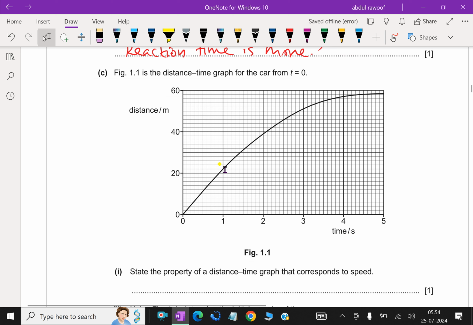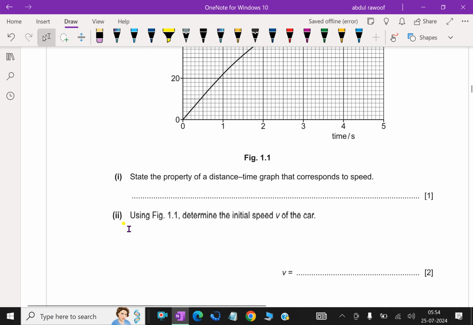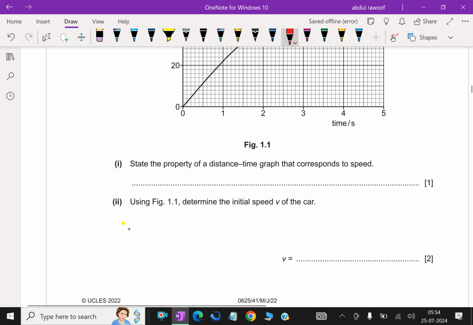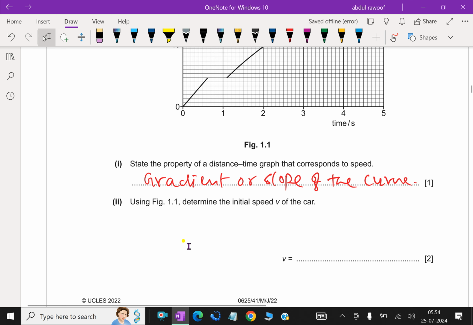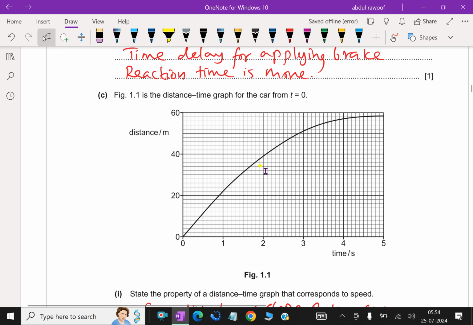Here, the speed indicates the slope of the curve, the gradient or slope of the curve. The slope or gradient is speed. It indicates the speed of the vehicle.